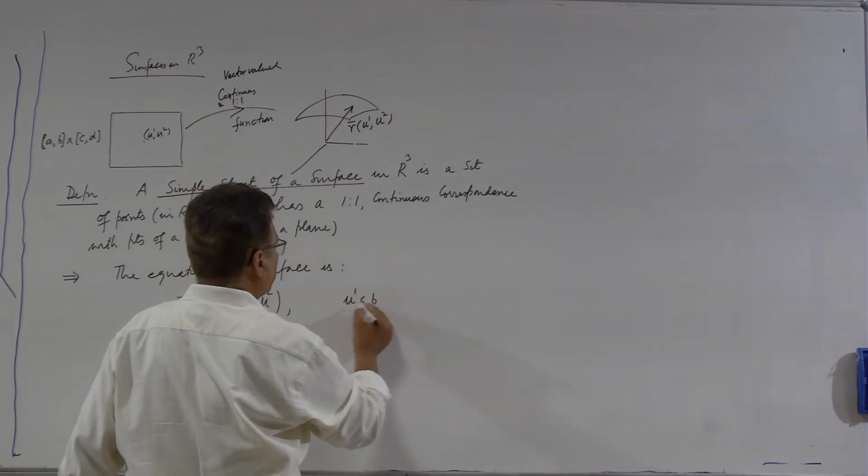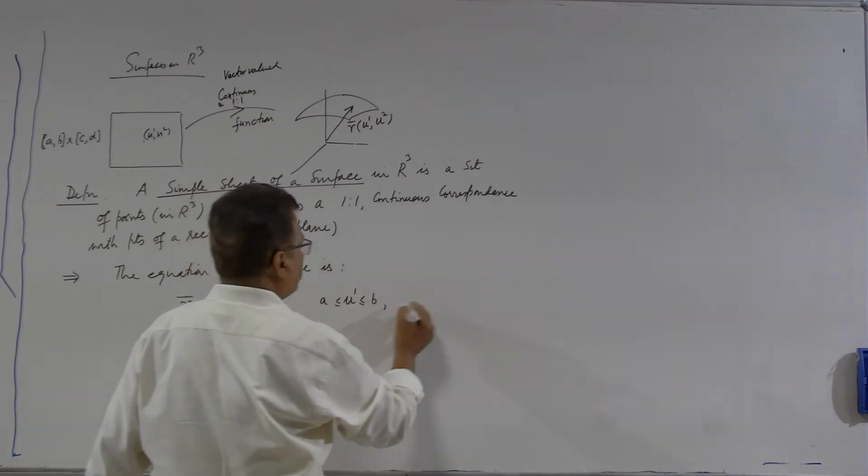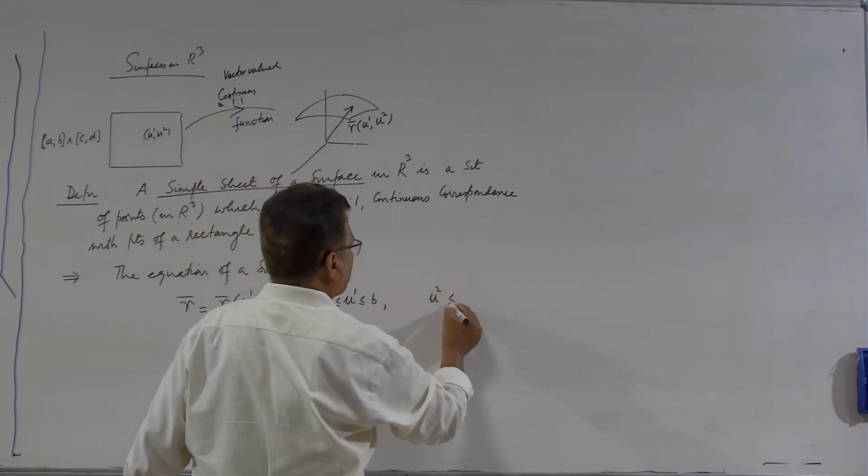So, u1 varies over the interval [a, b] and u2 varies over some other interval [c, d].